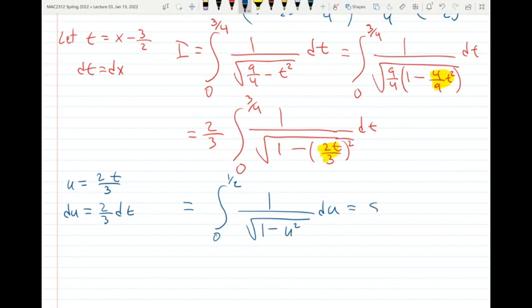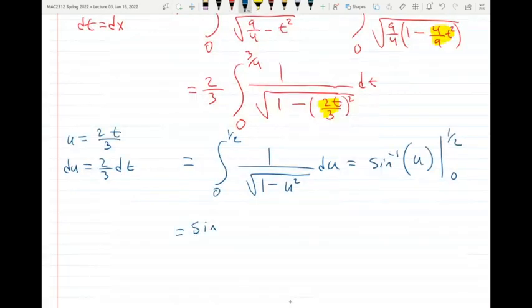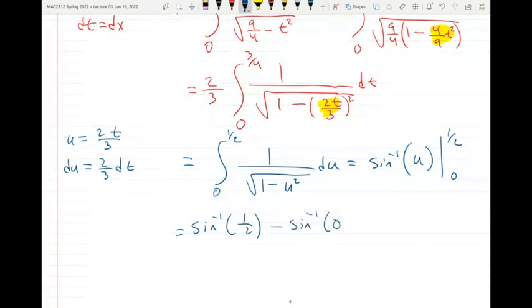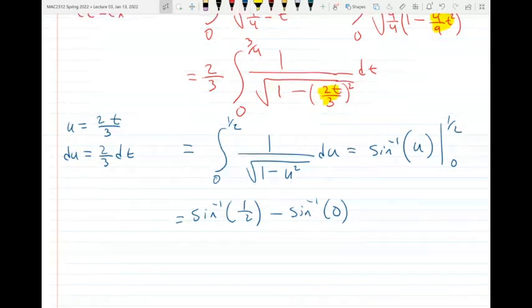And now we have inverse sine of u from 0 to 1/2. So the answer is inverse sine of 1/2 minus inverse sine of 0. What's inverse sine of 1/2?